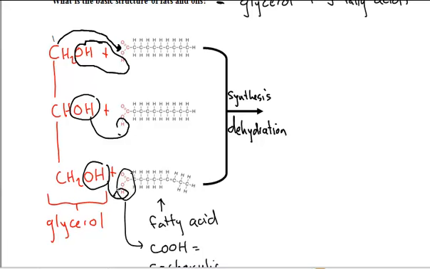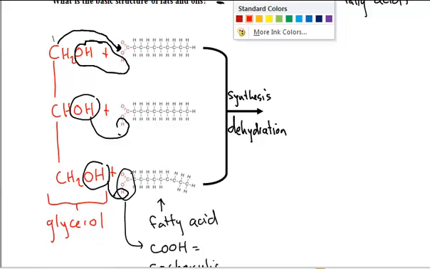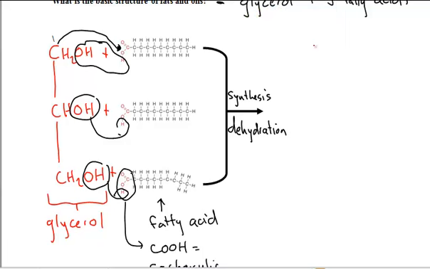So what we get, and I'm going to use colors to try and help you follow this, we get the backbone. I'm just going to move the H2 here over to this side so it's not in the way of the bond forming.